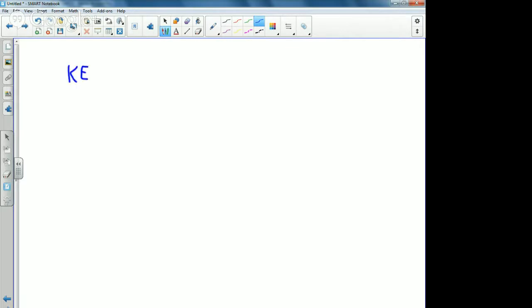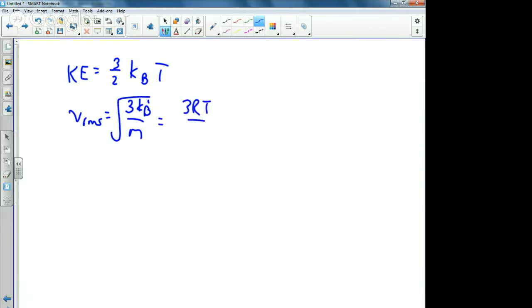Kinetic energy equals 3/2 k_B T. And v_rms is equal to the square root of 3k_B T over m, or 3RT over mu, I think is what they use. Something like that is in your reference table.